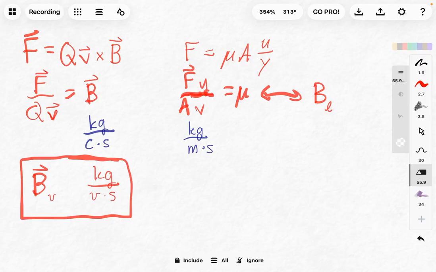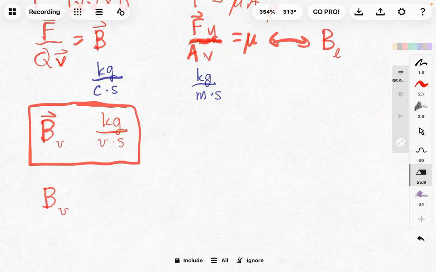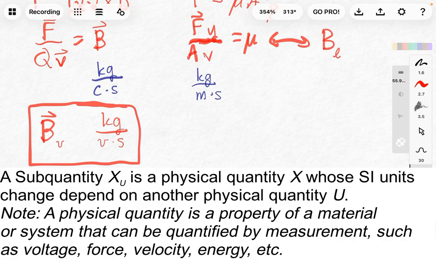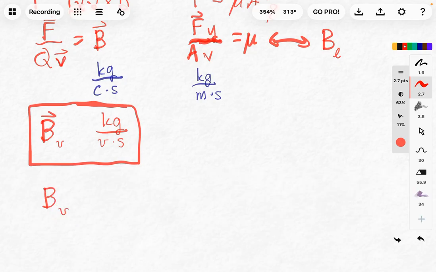So each of these letters will be called a subquantity. The formal definition of a subquantity would be a physical quantity whose SI units change depending on whatever quantity it depends on, which is going to be denoted as epsilon if we're looking at a general quantity.